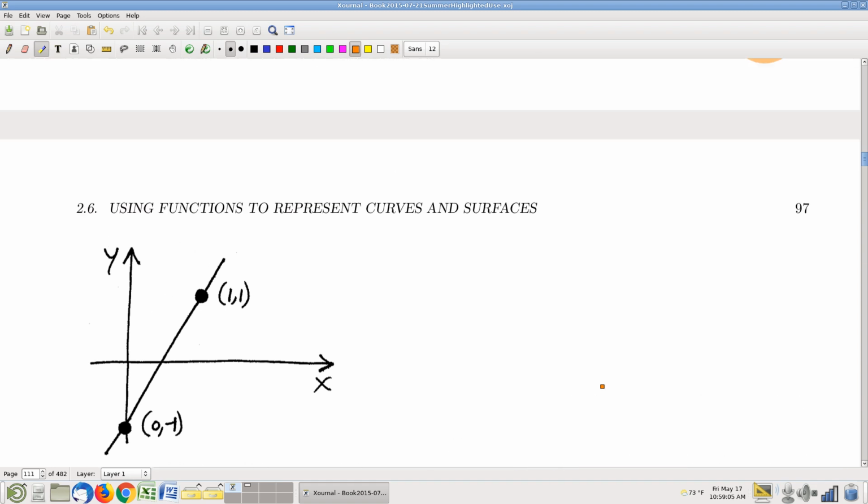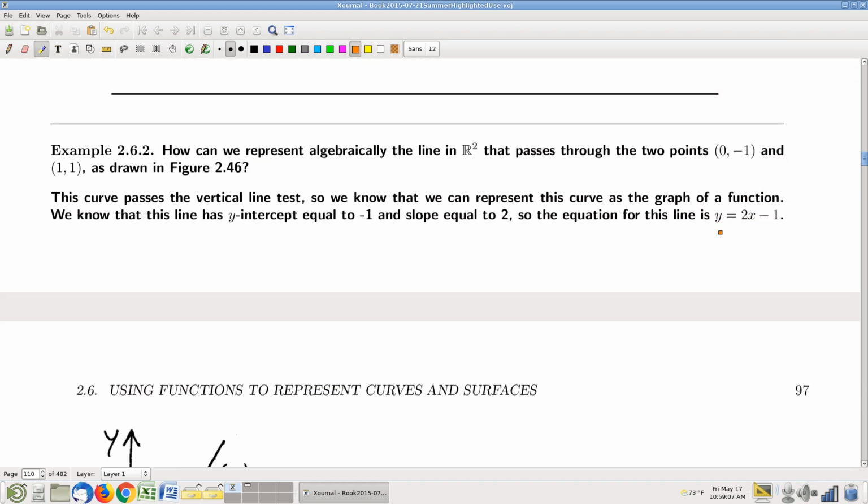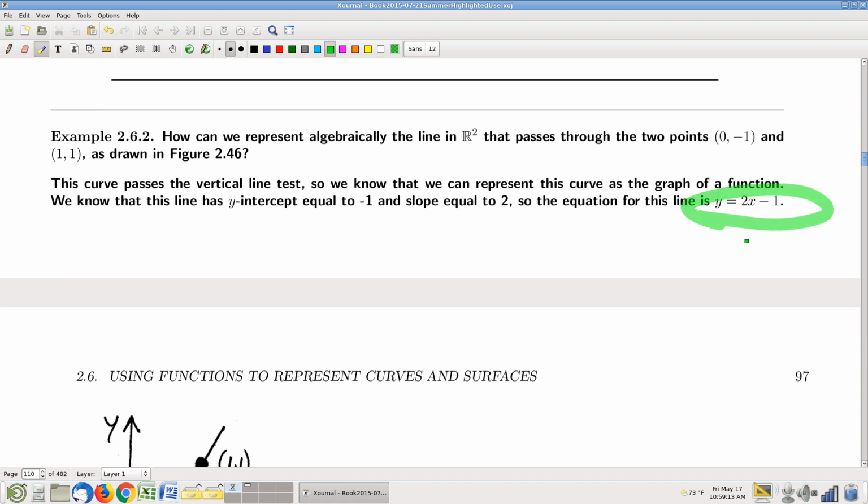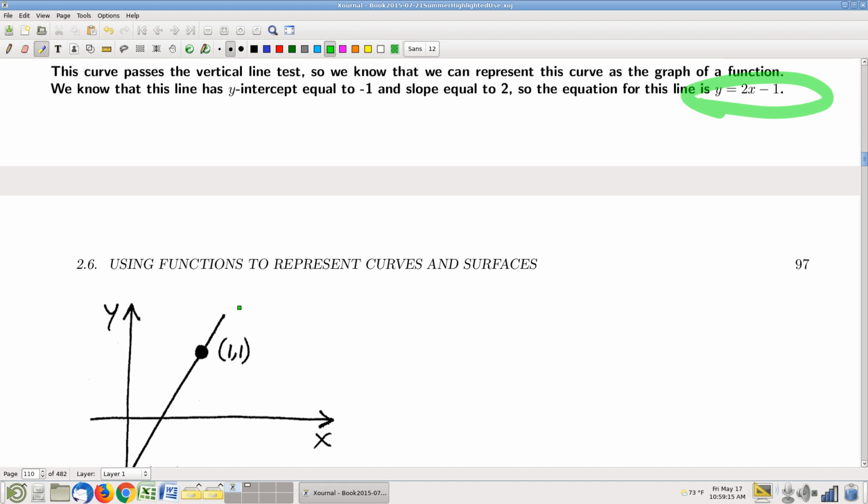Now, next question. Is this y equals 2x minus 1, this line right here, a level set of a function? A lot of students would say no, because level set means something equals constant, and neither side of the equation is constant here.